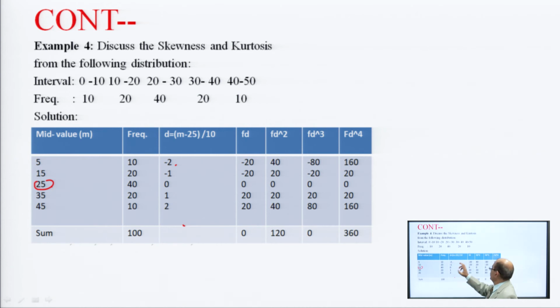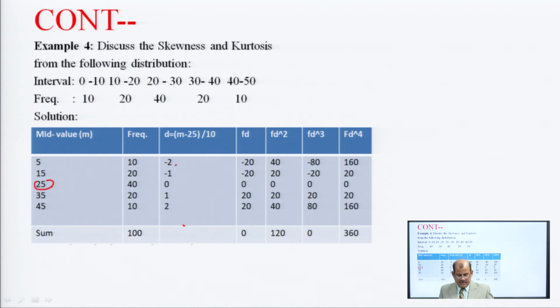FD raised to the power 4: 2 raised to the power 4 is 16, 10 into 16 is 160. 20 into minus 1 raised to the power 4 is 20 into 1, which is 20. 40 into 0 is 0. 20 into 1 is 20. 10 into 2 raised to the power 4 is 10 into 16, which is 160.